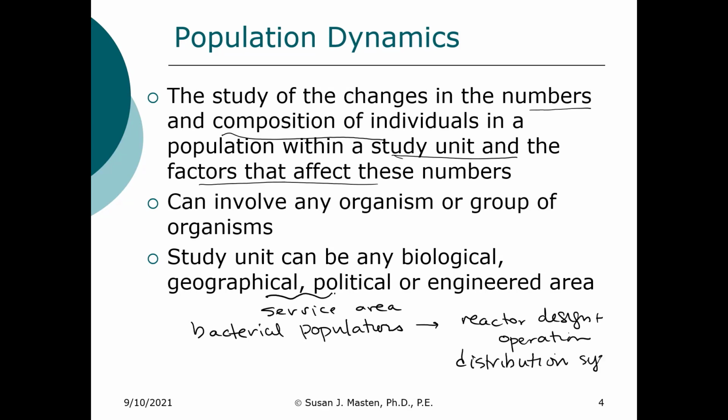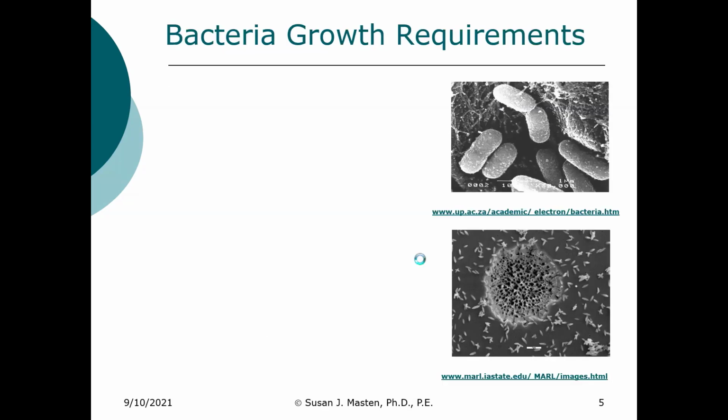Could be the organisms in a biofilm in a distribution system, so on the inside of a piping network, and predominantly that's made up of bacteria, but it can also include, for instance, amoeba. And we could talk about bacteria pertaining to site remediation, where we're relying on bacterial decay.